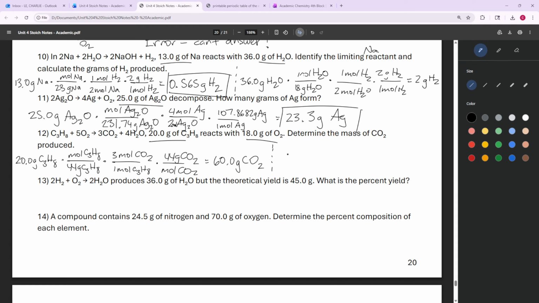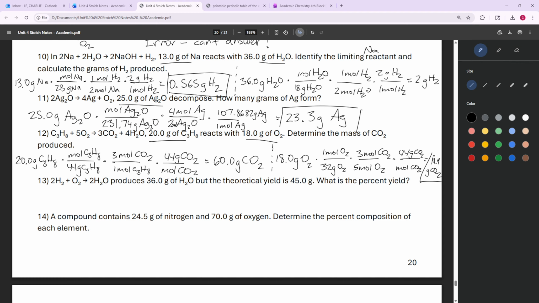For CO2, instead, we start with 18 grams of oxygen, 32 grams of oxygen for every mole of oxygen, times for every 5 moles of oxygen, we get 3 moles of CO2, times for every mole of CO2, we get 44 grams of CO2. 18 divided by 32 times 3 divided by 5 times 44 is 14.9 grams of CO2.